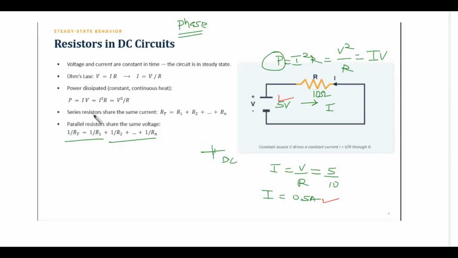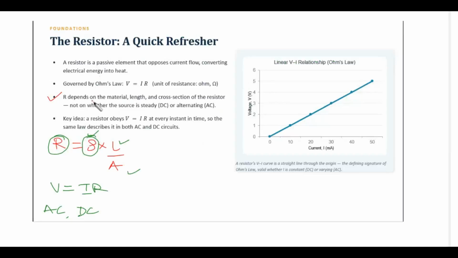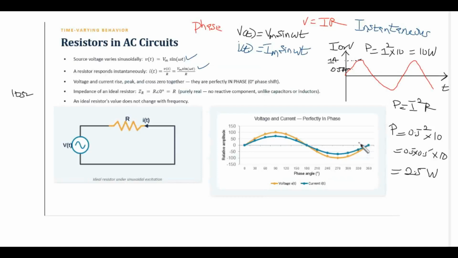All right, there's something we mentioned. R depends only on its own value based on the material and all of that. It does not depend on whether it's alternating or direct. So the resistance value will not change, but because the values of current and voltage are changing instantaneously, the power dissipated is going to be changing instantaneously too.